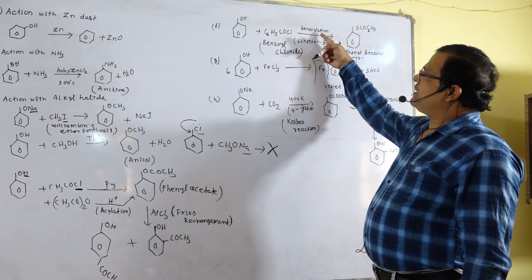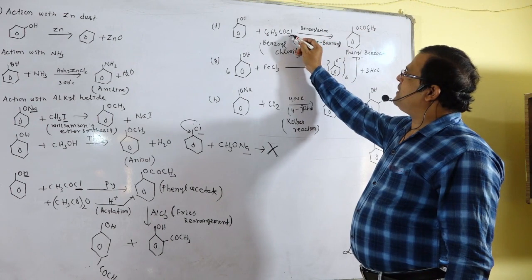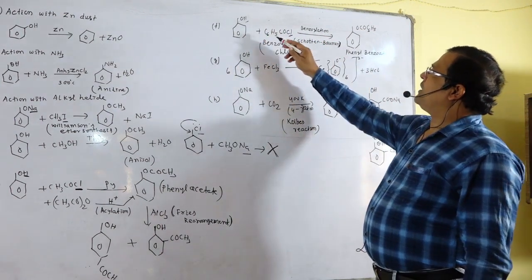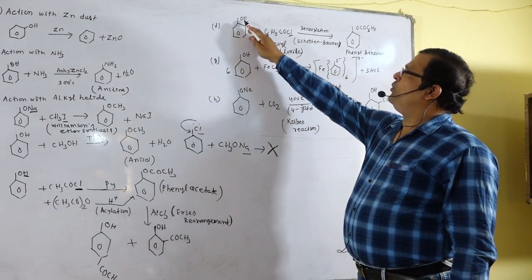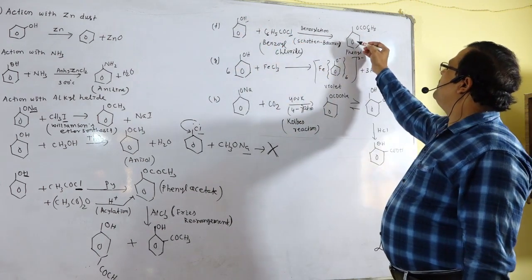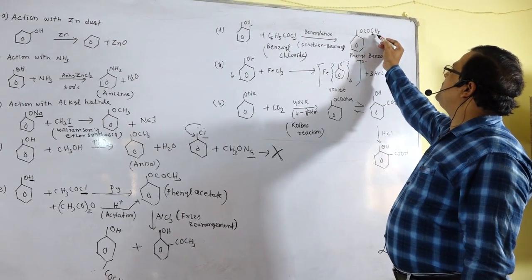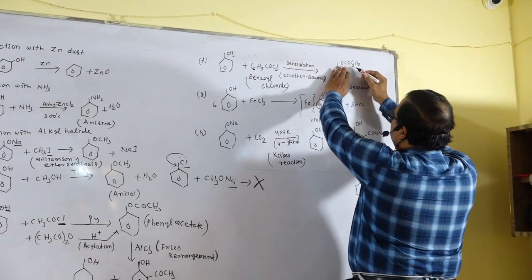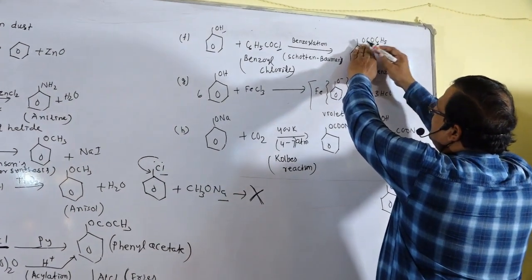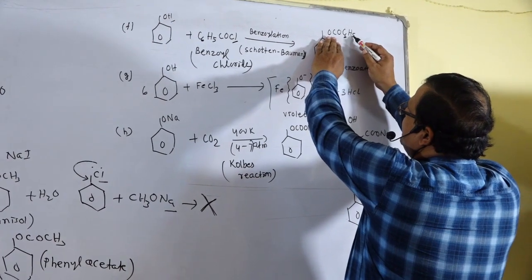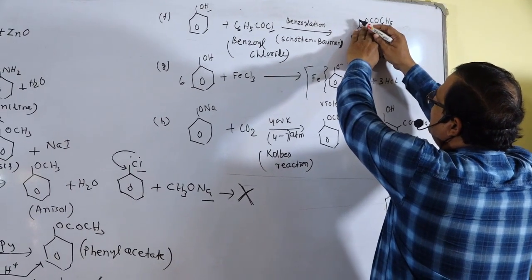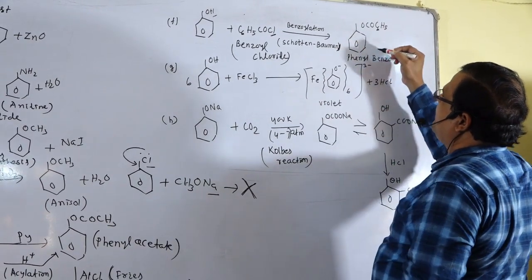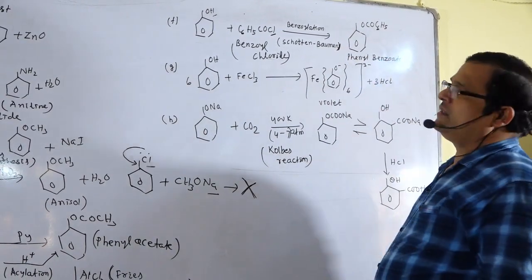It is the same type of reaction: Cl part and H part are removed in the form of HCl. So there is the formation of benzene attached to OCO-C6H5. Then how to name this compound? C6H5COOH is benzoic acid. H is replaced by the benzene ring, that is phenyl benzoate.